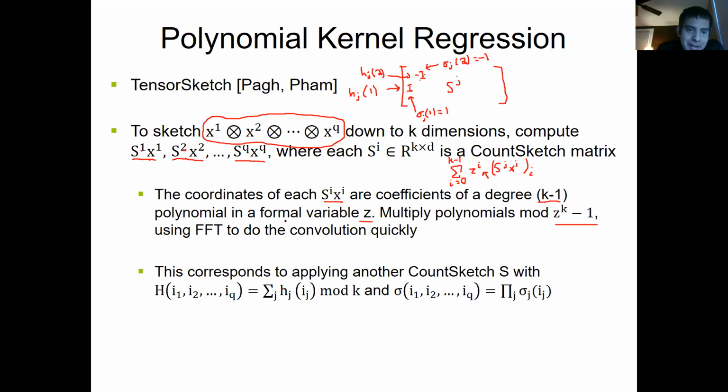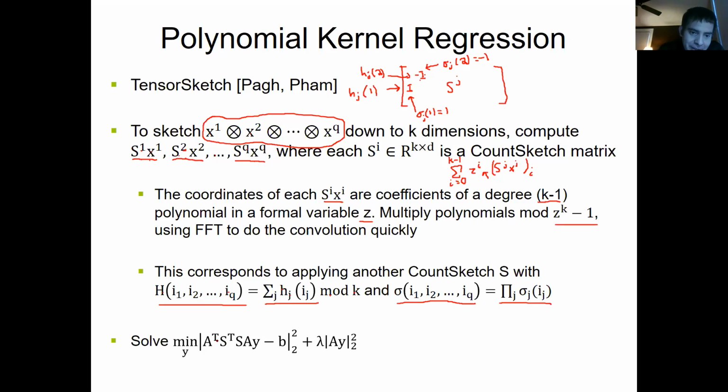What you end up getting by this polynomial multiplication is a new hash function where the value at one of these q-tuples is the sum of your hash functions on each of the count sketches mod k, the dimension here. And your sign function is the product of sign functions. And so it's very structured, but it turns out that there's enough independence here to still show all the properties you need for this sketch and solve paradigm to work for a number of problems.